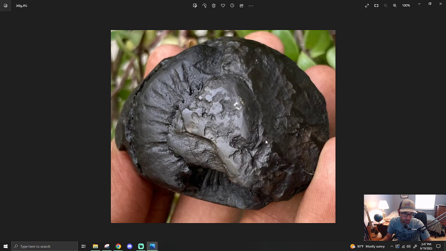Some scars across it. Comes up, gets stuck. I think that's the place. I'm not completely sure. And then makes it through.